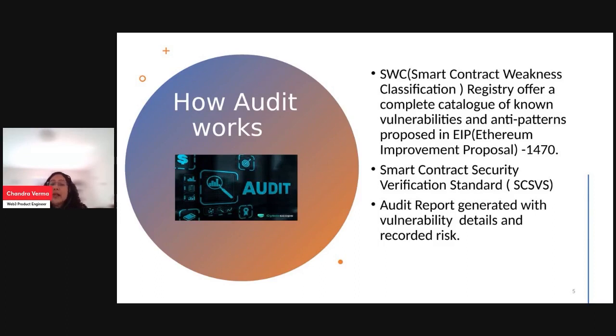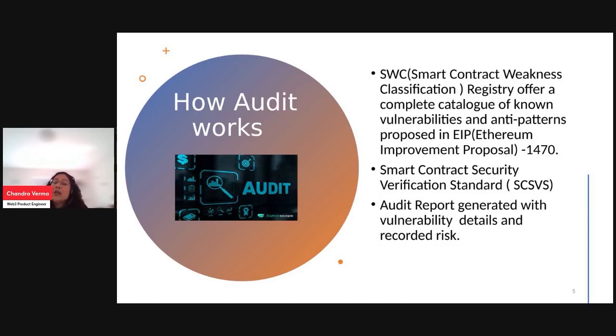One is called SWC, the Smart Contract Weakness Classification, which is a registry that offers a complete catalog of known vulnerabilities and anti-patterns. It was also proposed in Ethereum, called EIP 1470, and that is a standard. So auditing runs against those standard registry lists to check for known attacks.